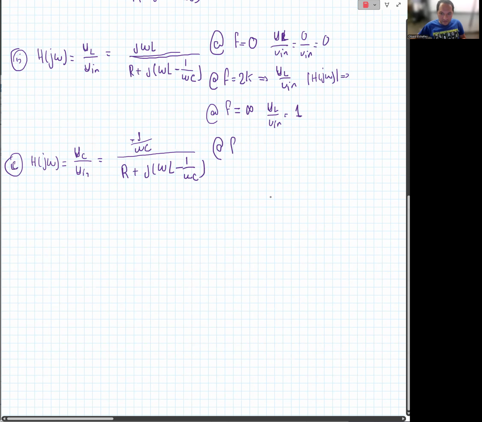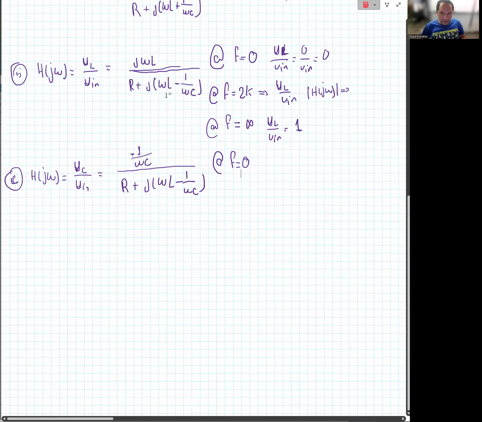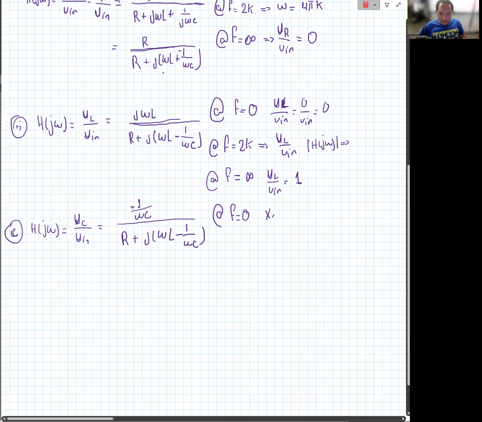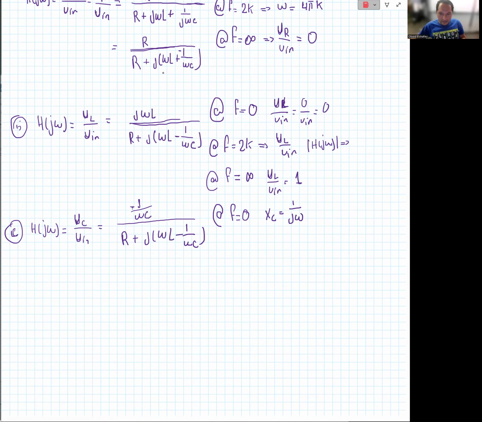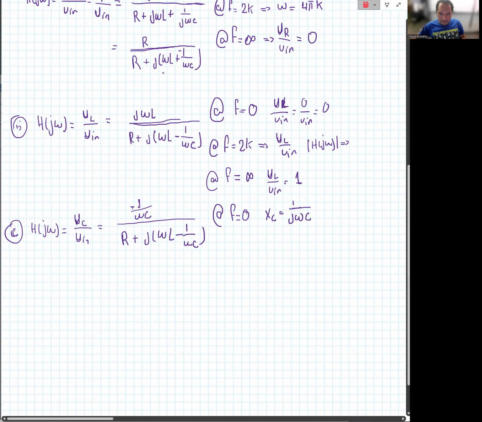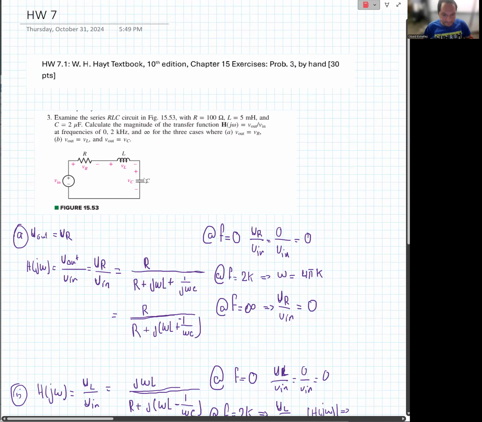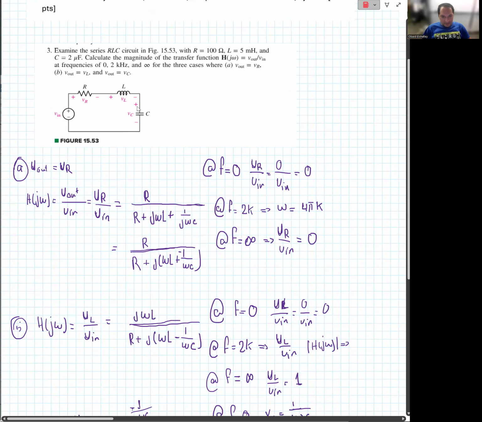Third case, at f equals 0. The impedance of my capacitor, X of C, equals 1 over j omega C. So as omega equals 0, X of C equals infinity. So the impedance of my capacitor is infinity, so it acts like an open circuit.